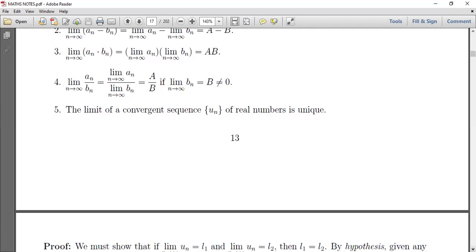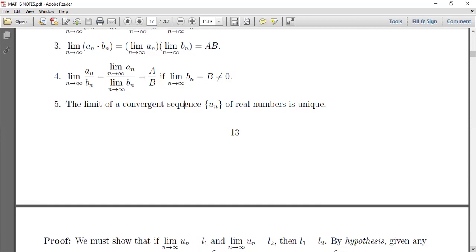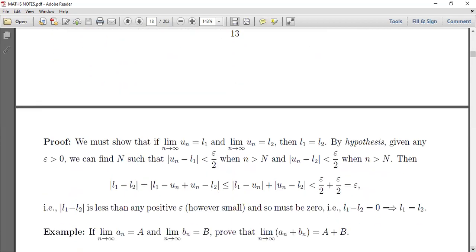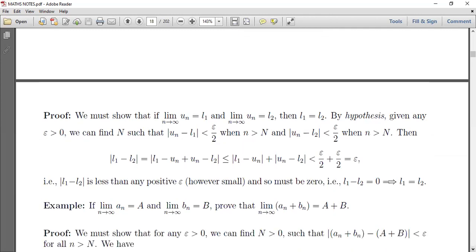A convergent sequence always has a unique limit. To prove that, let's prove that a convergent sequence has a unique limit. We want to show that if the limit of a certain sequence un is L1, and let's assume that it's not unique, which means there are more than one limit, then the same sequence un, as n approaches infinity, is also approaching another limit, which is L2.